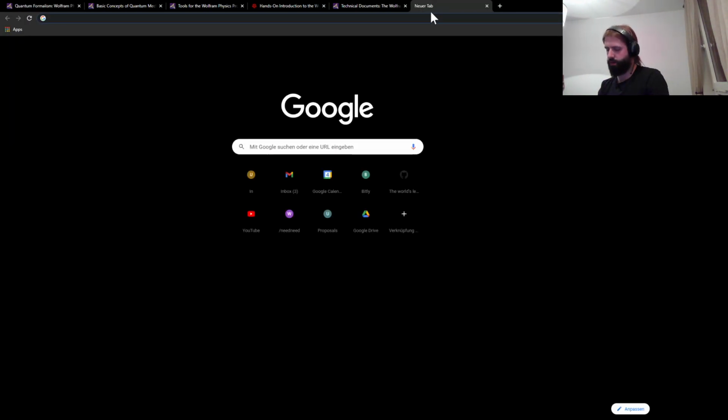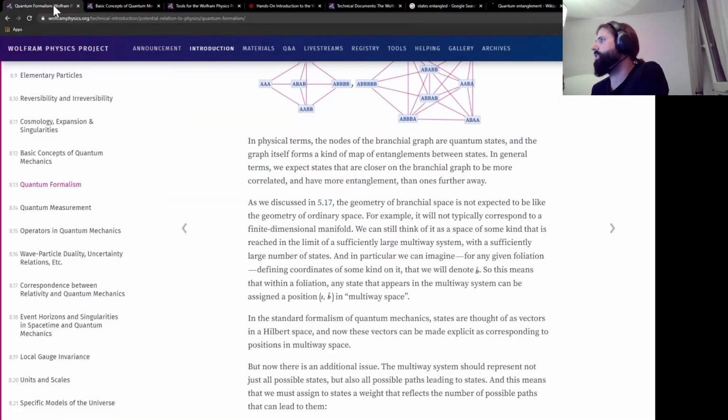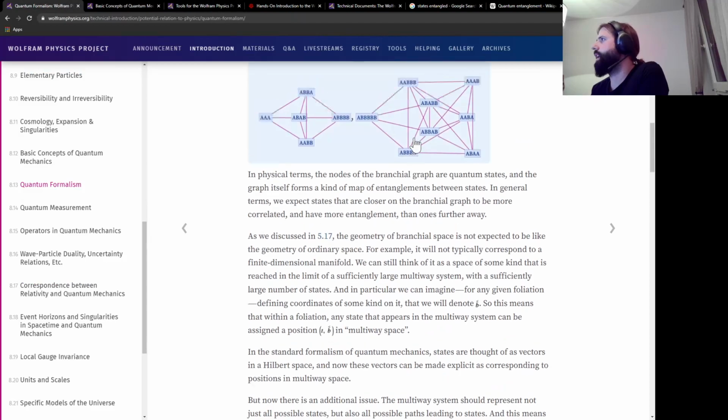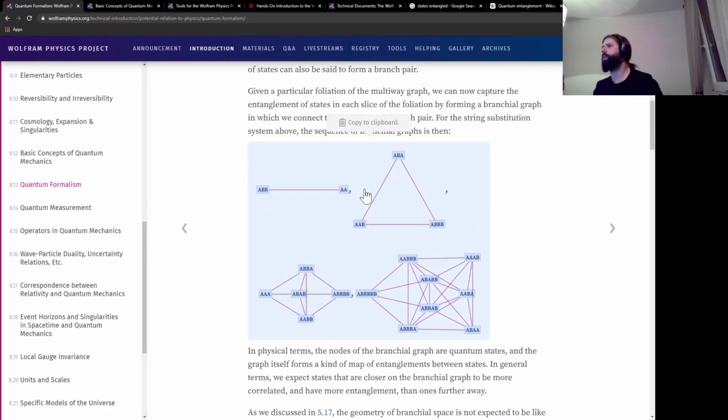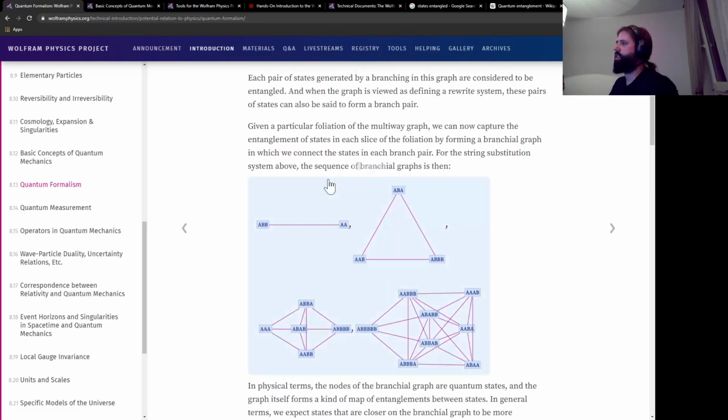Like when we say entangled states, we mean that a full state is entangled. And what this seems to indicate is that each of the nodes is a potential state of the system.